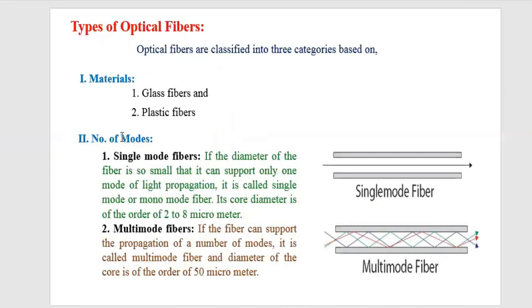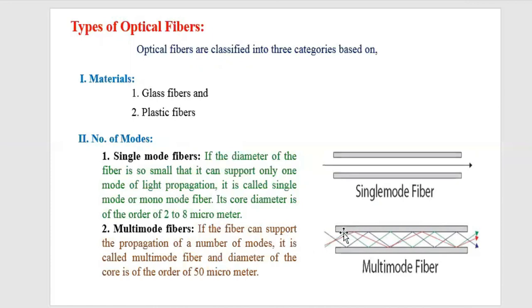Then the second category is depending on the number of modes. What is mode here? As we have seen earlier, the light rays enter the core material in the acceptance cone. Within that acceptance cone, the ray can enter in any direction, which means the light ray has different angles of incidence.